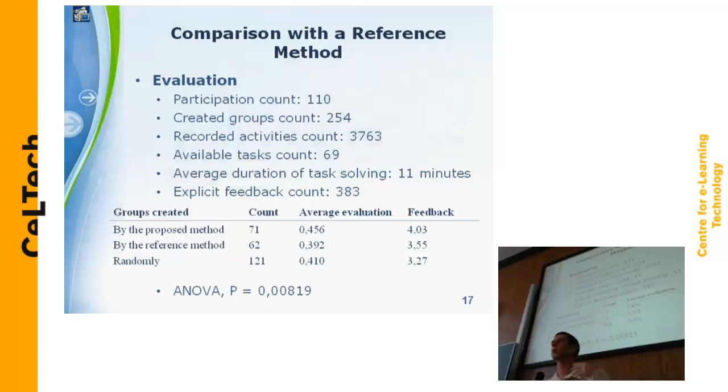The dimensions are calculated, for example, if we have a dimension where students should participate at the same time and divide the task between participants in one group, and if one student solved almost all tasks and the second one only joined at the end of task solving, then this number is very low.